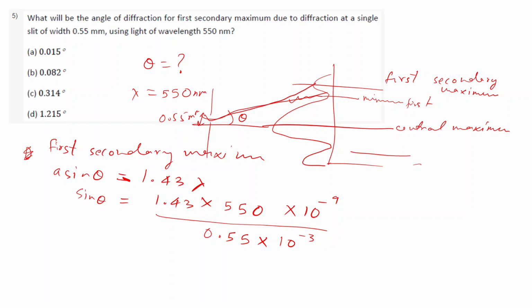So the final answer will be 1.43 multiplied by 550 divided by 0.55. It will be 1430 times 10 to the power minus 6. So when I take sine inverse of this, the theta I will get will be 0.082 degrees. So the correct answer is answer B.